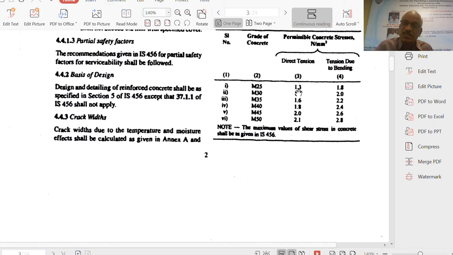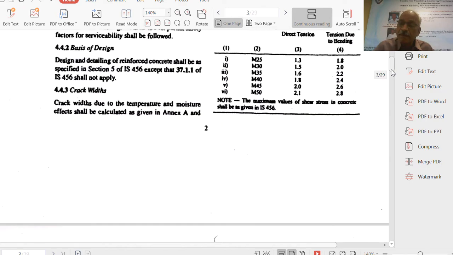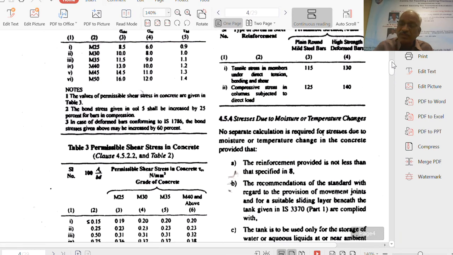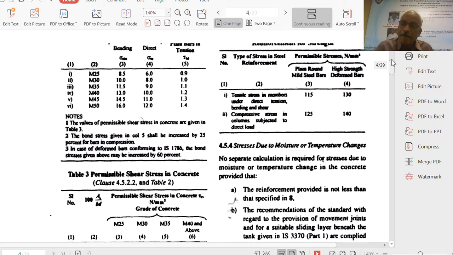One is under direct tension, the other is under bending tension. This is on page number 2 of IS 3370 part 2, in the same code.